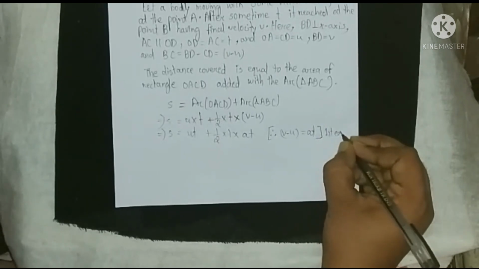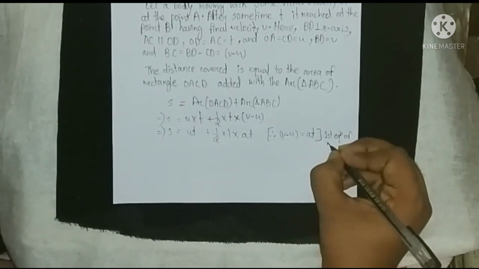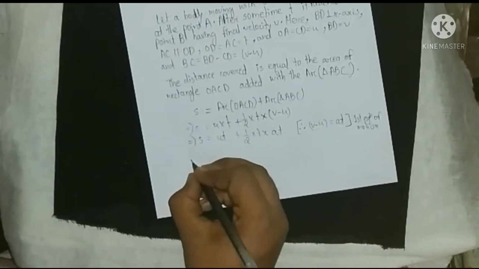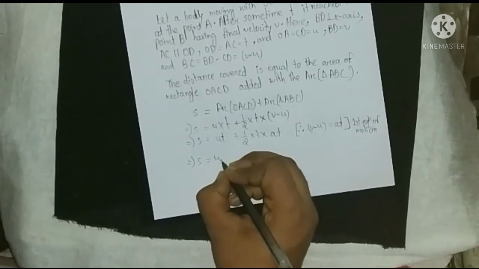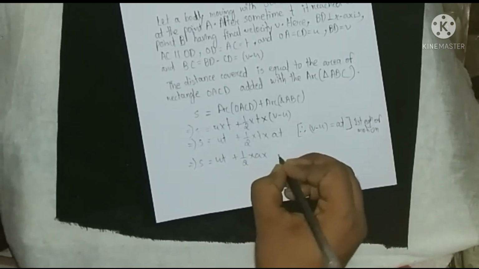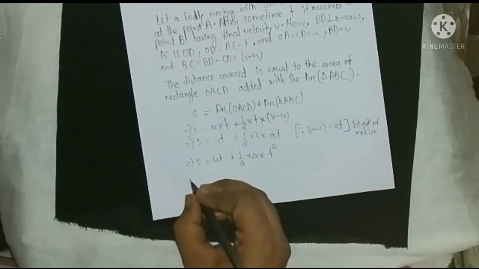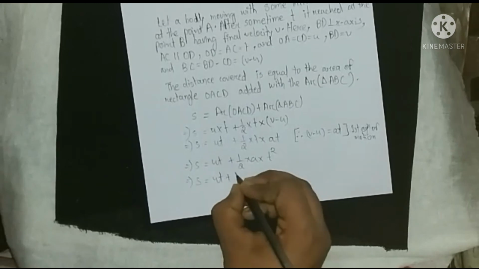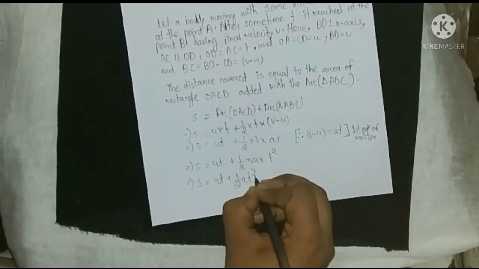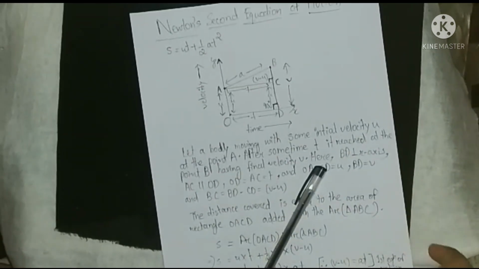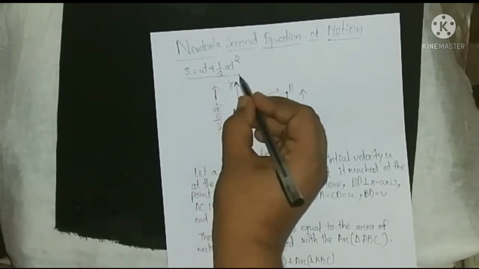After that, it implies distance is equal to ut plus half into a into t into t, which is t square, and finally we got S is equal to ut plus half at square. So we have finally got distance is equal to ut plus half at square.